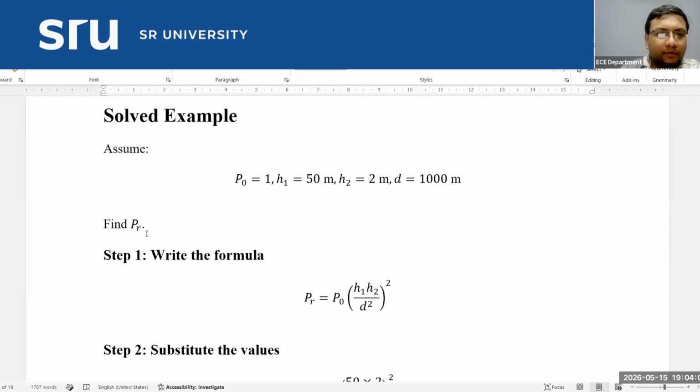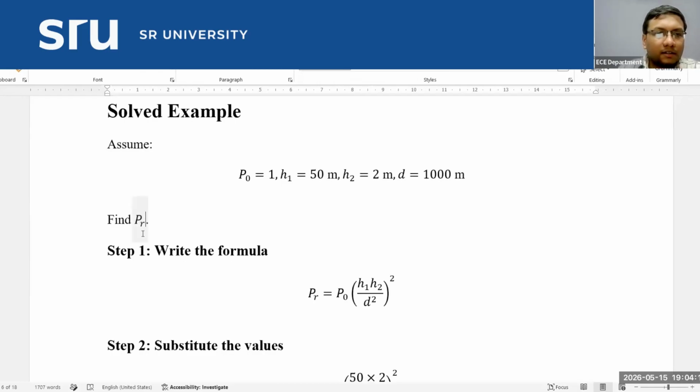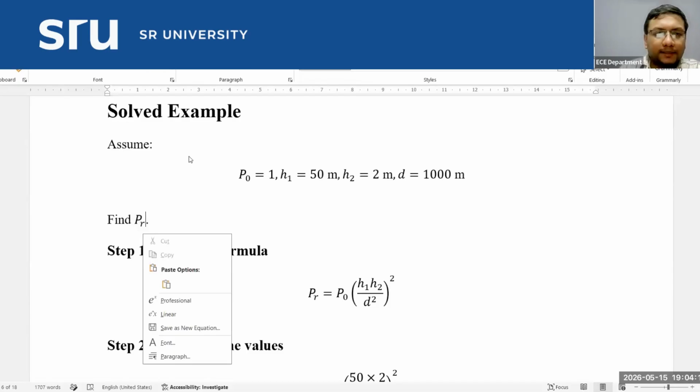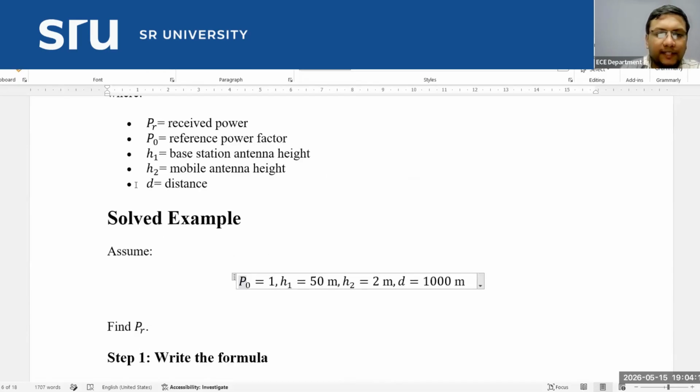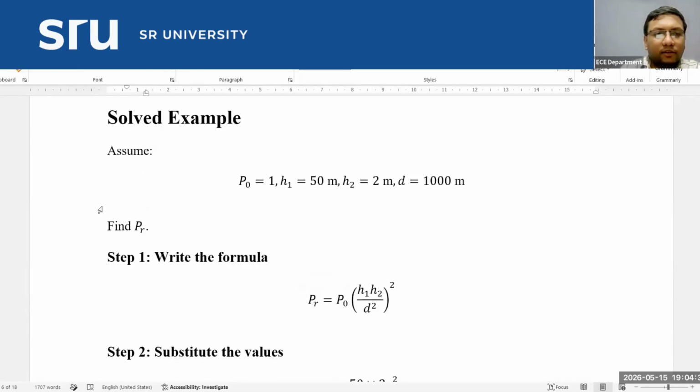Let us take one example. Suppose P0, what is P0? P0 is the reference power factor. By default it should be 1. So suppose P0 is equal to 1, H1 is equal to 50 meter, H2 is equal to 2 meter, D is equal to 1000 meter. Suppose this is the example that is given. Now in this case, we need to calculate the received power.